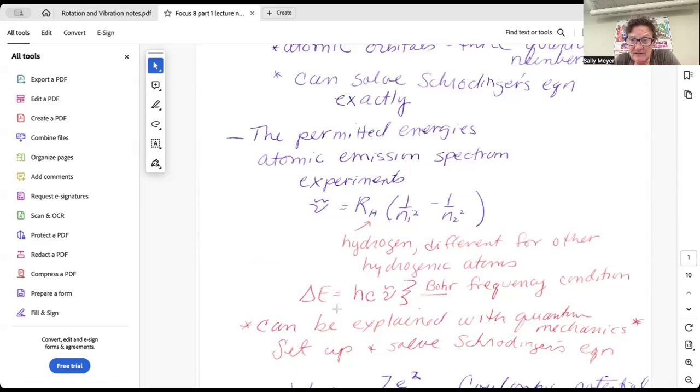So the Bohr correspondence, or Bohr frequency condition, reminds us that the frequency of a transition is going to be proportional to how far apart the energy levels are. So a difference in 2 energy levels, delta E, in this case, if we're working in units of reciprocal centimeters, it's going to be equal to Planck's constant times the speed of light times that frequency.